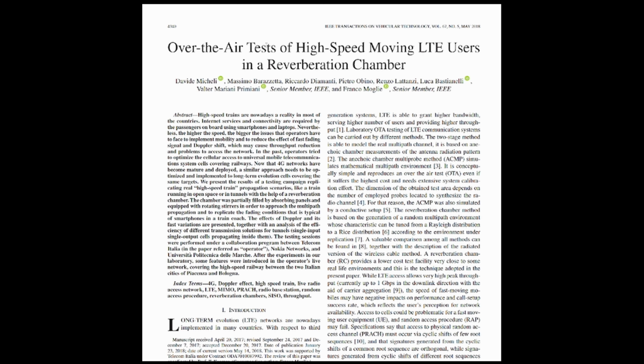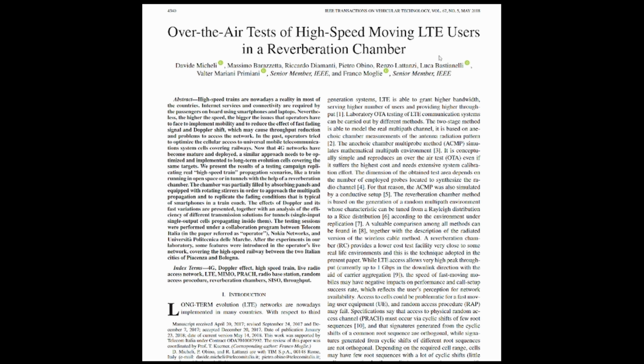And this is effectively the scenario that has been replicated by the research team at the Università Politecnica delle Marche in Ancona in collaboration with Telecom Italia. And they published this paper, Over-the-air tests of high-speed moving LTE users in a reverberation chamber, which I will link in the description.